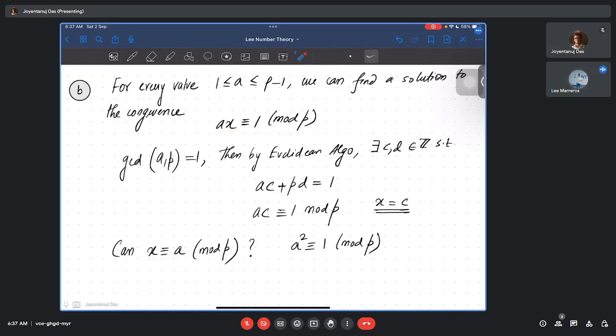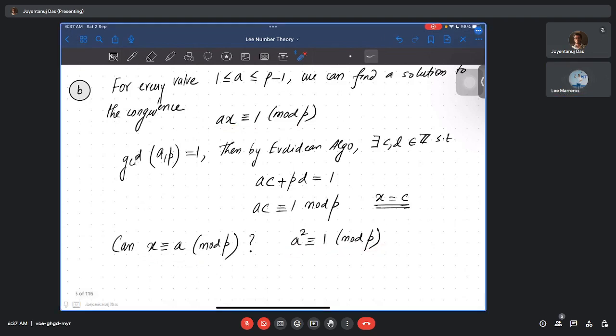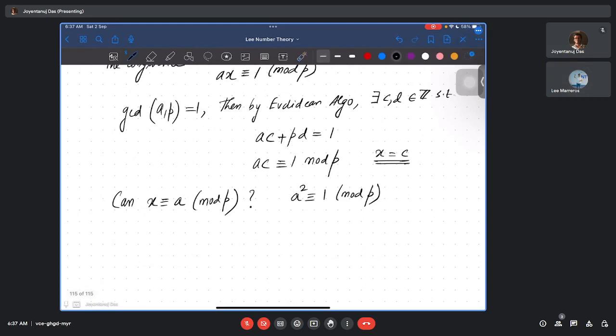So if I put x equals a, I have this congruence, x congruent to a mod p.